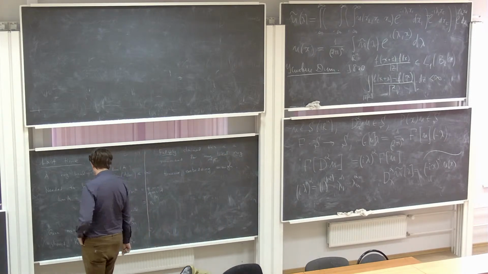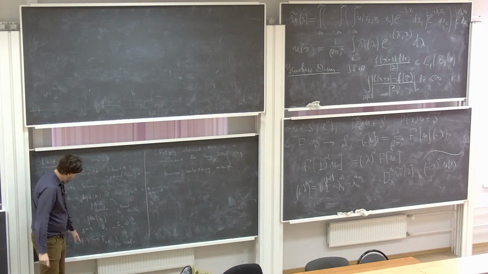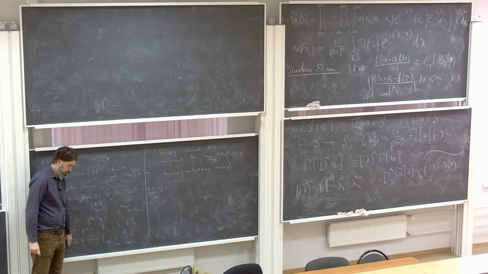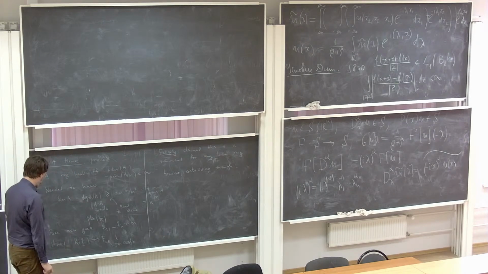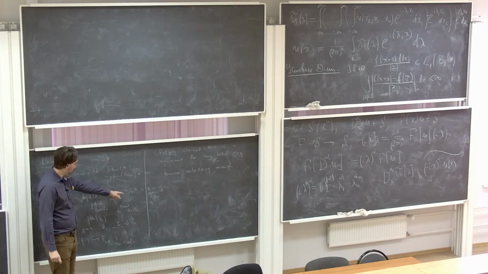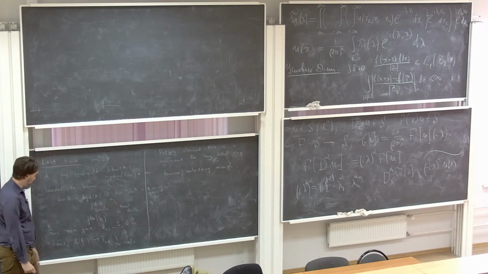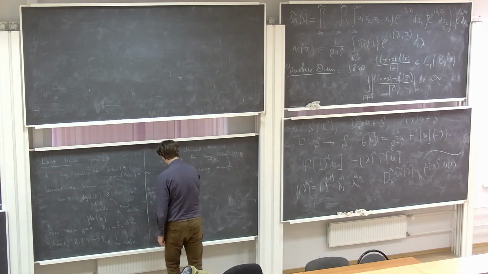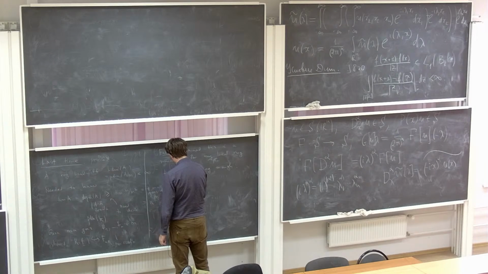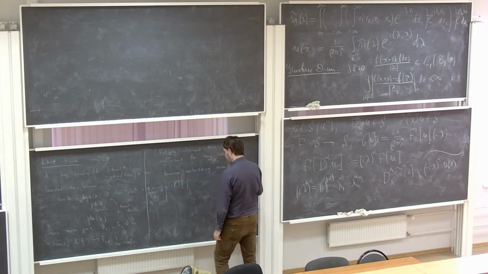Because it shows that the length of this complex is exactly as long as the number of minimal generators. So the Koszul complex looks like the following.